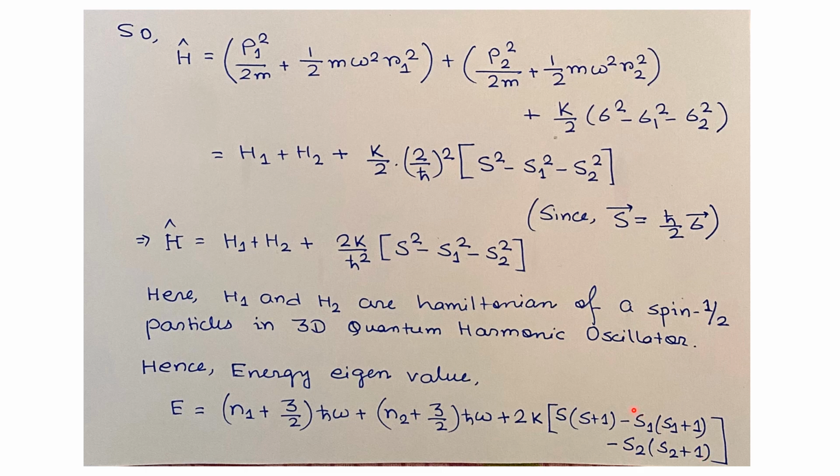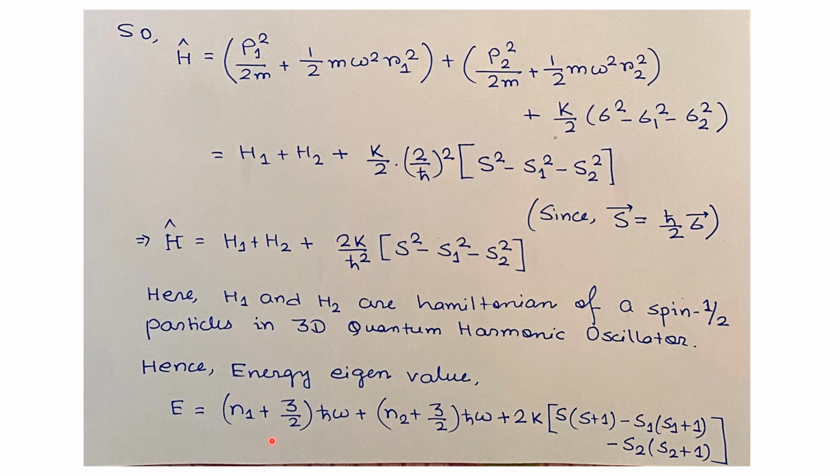Here the eigenvalue of S square is S into S plus 1 times h cut square, so that h cut square cancels with the h cut square in the denominator, and that's why we get this term.